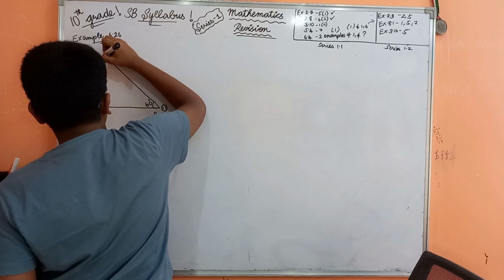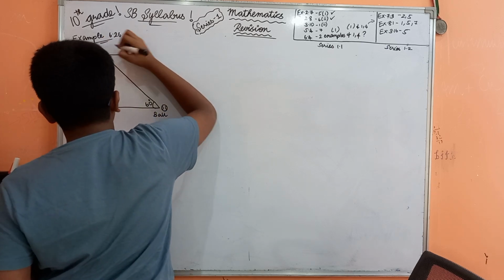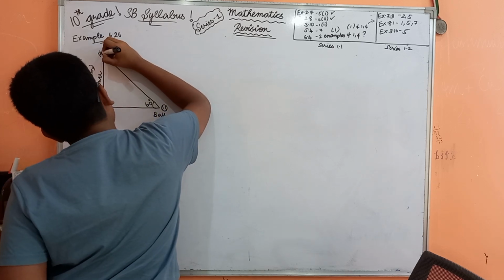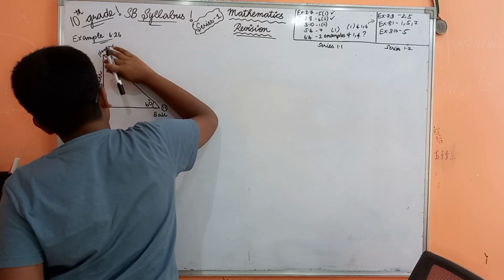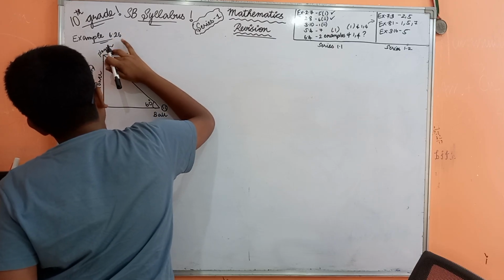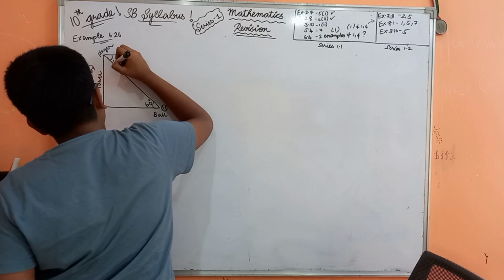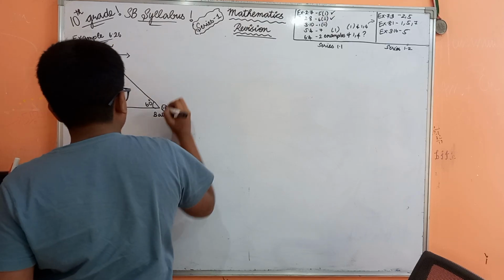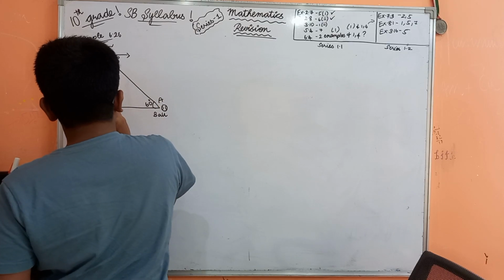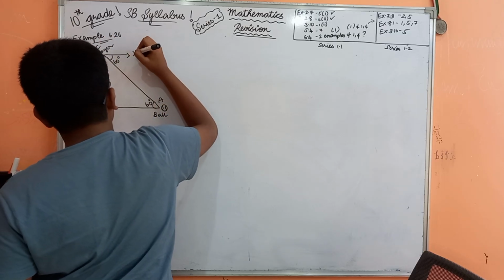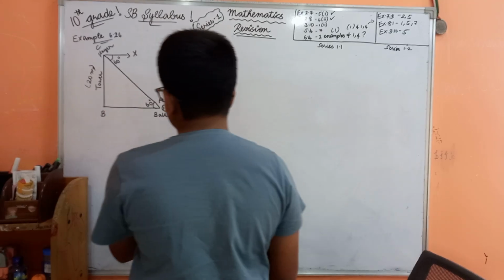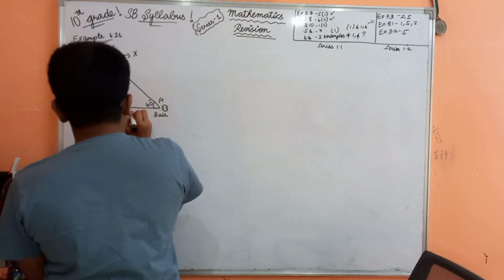The 60 degrees is an acute angle, so 60 degrees over here and 60 degrees also over here. Let the ball be A, the foot of the tower B, the top C, and let AB be x.